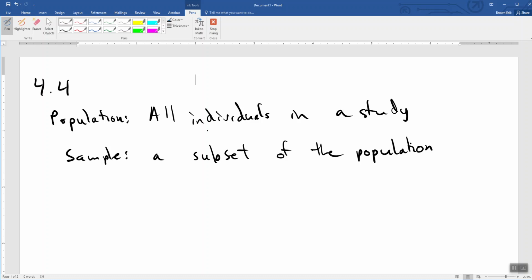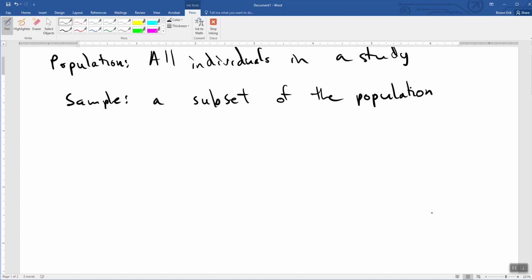Okay, so we then looked at how we can create good, representative samples, and there were 4 types of sampling methods that we talked about, and in all 4 types you needed notions of randomness.